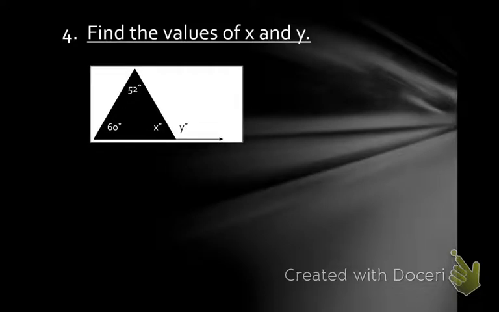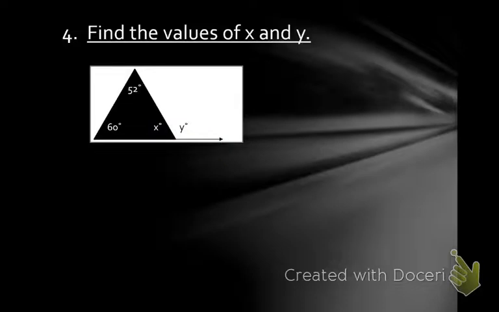All right, so this one's a little bit more difficult. This asks us to find the values of x and y. We cannot do what we did before in finding the straight angle because I don't know either of those angles yet. What do you think I should find first, x or y? I would say let's find x first because I can add them up together, right? And then figure out what's missing from 180.